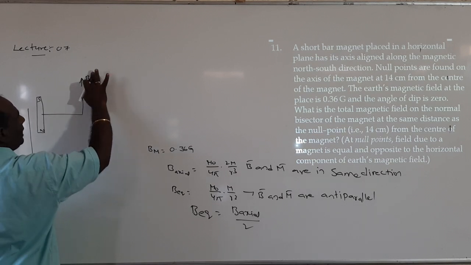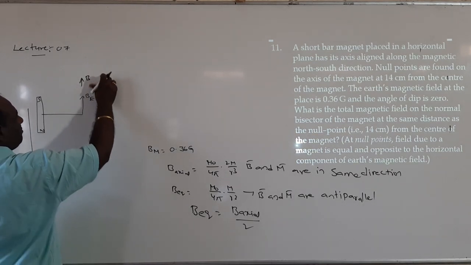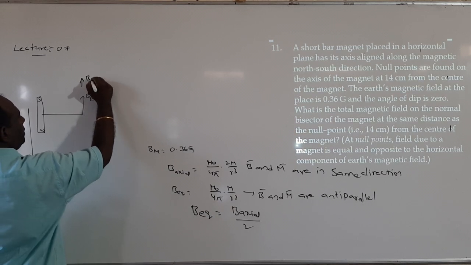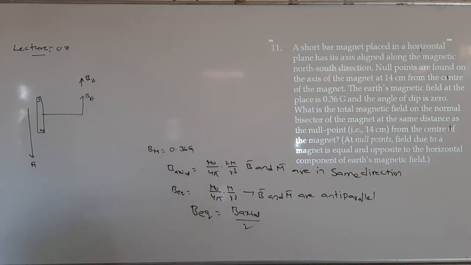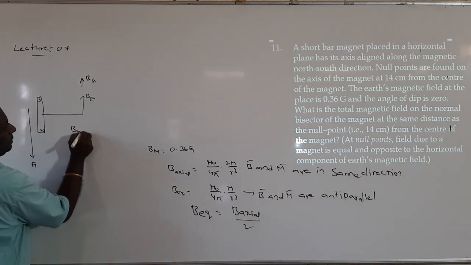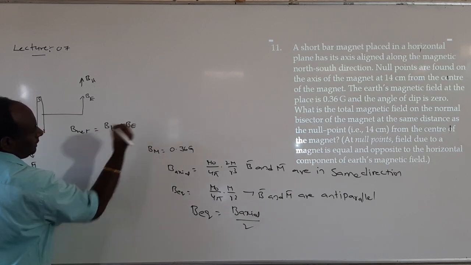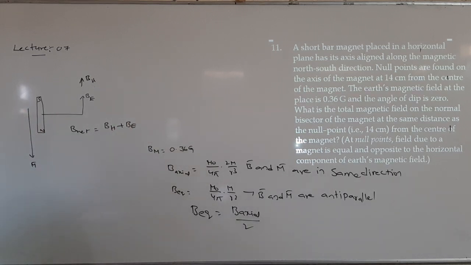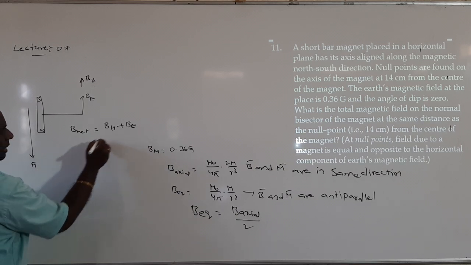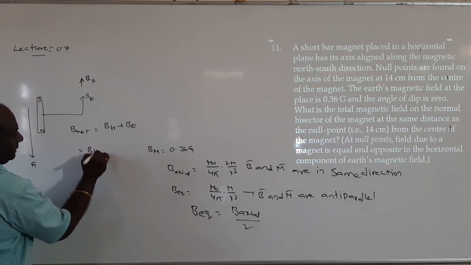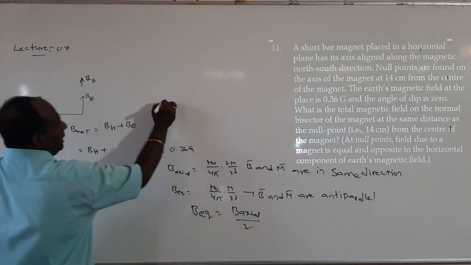BH and BE are both in the same direction, so B net is equal to BH plus BE.